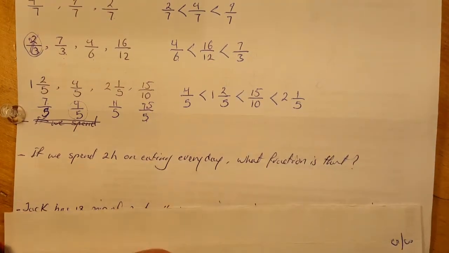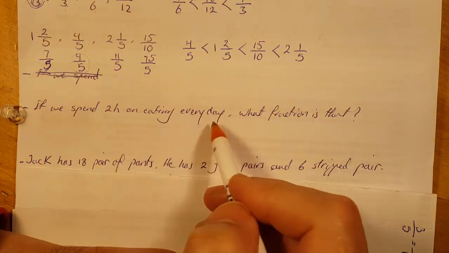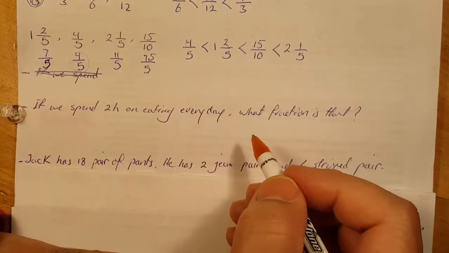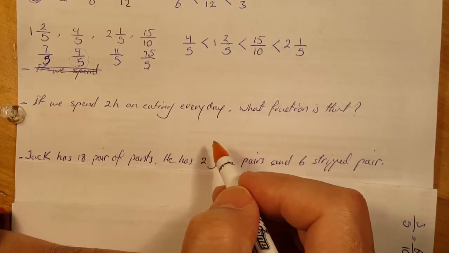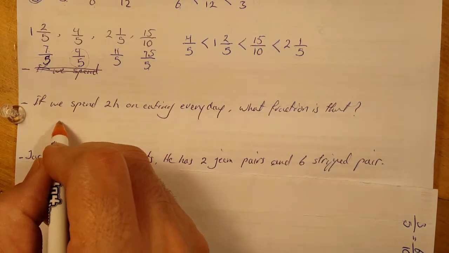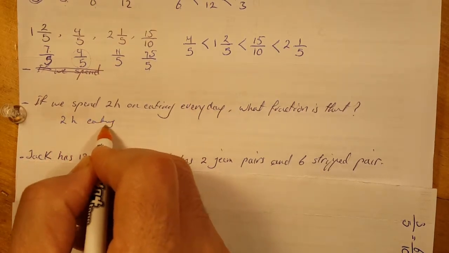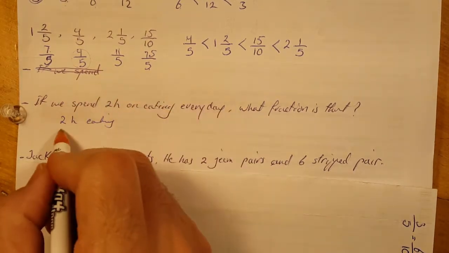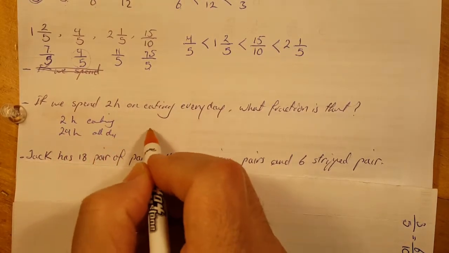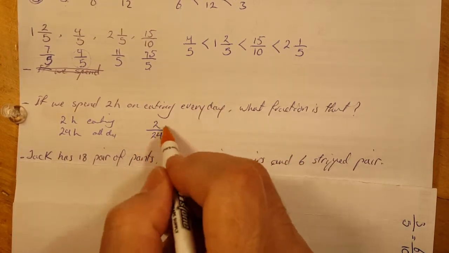Okay. If we spend 2 hours eating every day, what fraction of a day do we spend on eating? So 2 hours eating, a day is 24 hours. So 2 over 24 is the fraction.